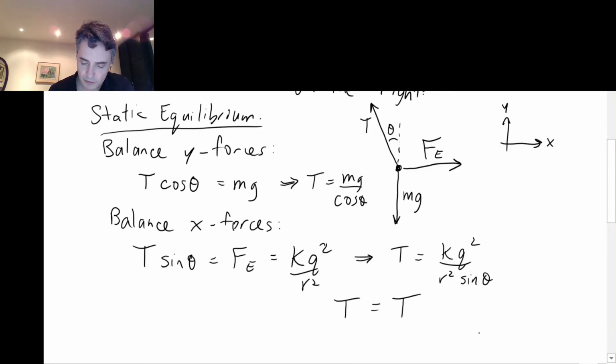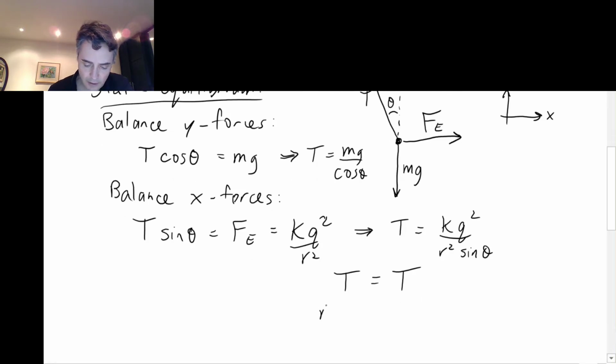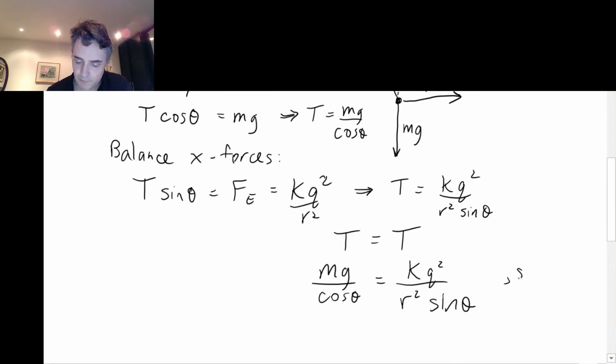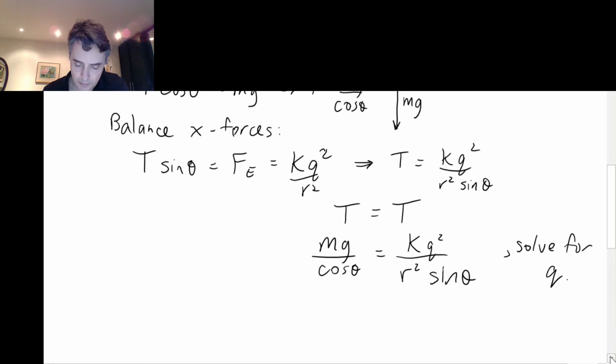So eliminating tension here, you've got mg divided by cos theta is equal to k times q squared divided by r squared sine theta. And we're going to solve for q because that's what we're trying to get here. Trying to estimate how much charge I put on a balloon when I rub it on my head in coulombs.